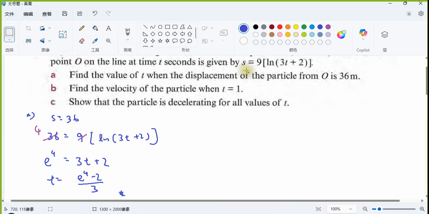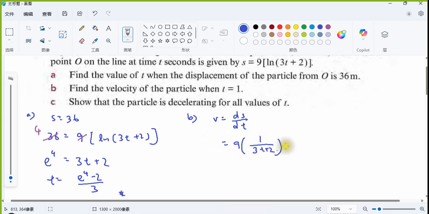And next, find the velocity when t equal to 1. So velocity is the first derivative of the displacement. So we differentiate this, then we will have 9 times 1 over 3t plus 2, times 3.